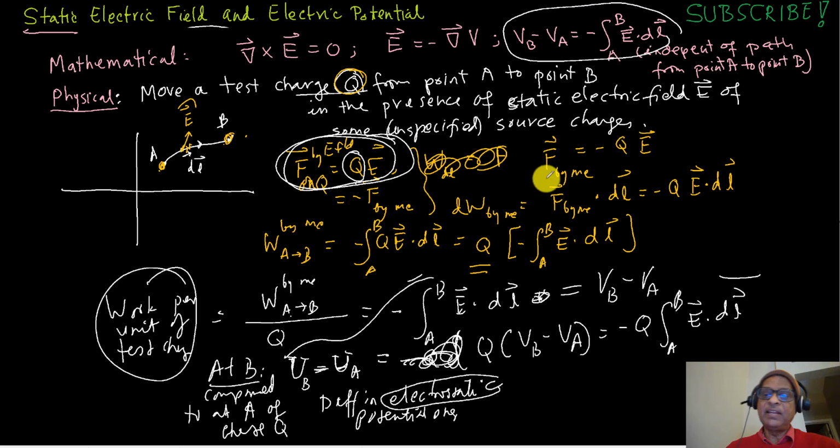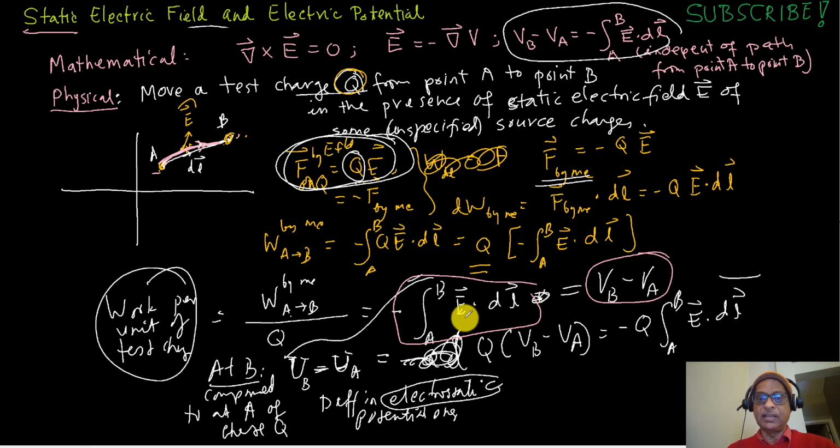And of course, by balancing the force, I can figure out how much energy I need to put in if I move the charge along this. So if I move the charge from A to B, how much energy do I need to put in? When I calculate that, I find that the energy per unit charge I need to put in is the change in potential, which is this integral I can get from the electric field.